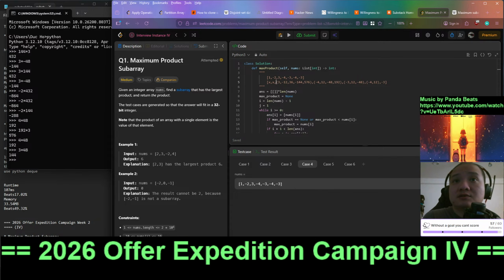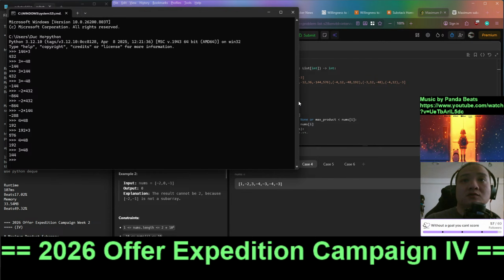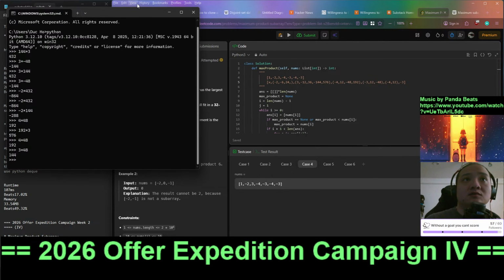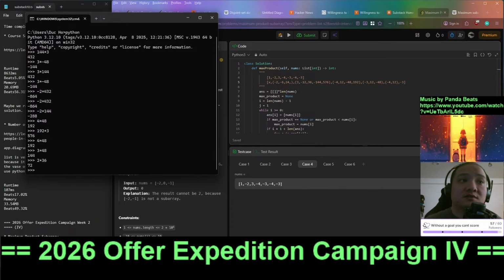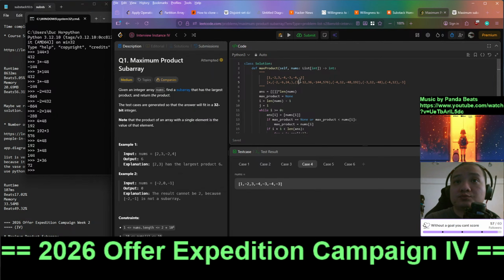Right. So then these -2 here will be -6, 24, right? 2 multiplied by 36, 72, negative 72.